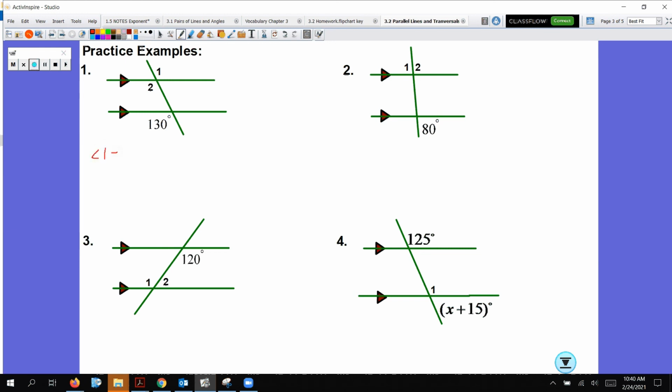Angle 1 equals 130 degrees, and I'm going to abbreviate. So that's just going to be alt ext, alternate exterior.